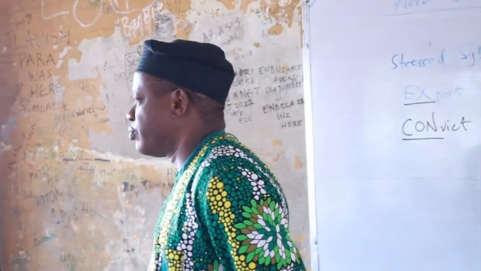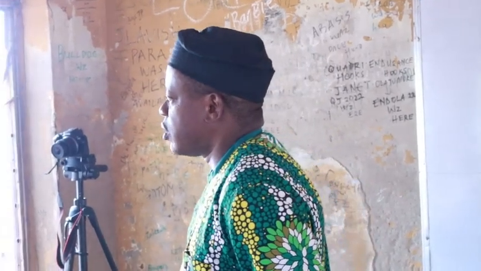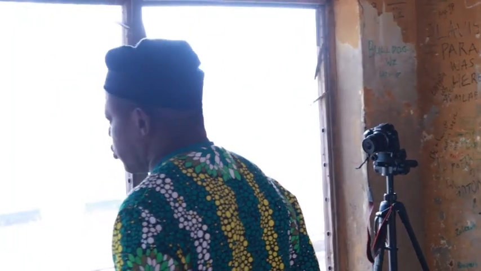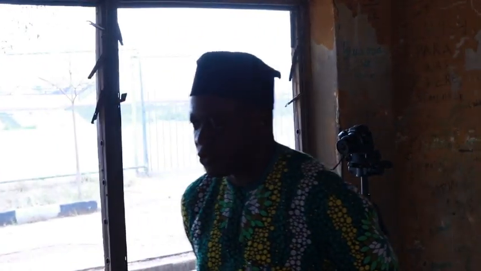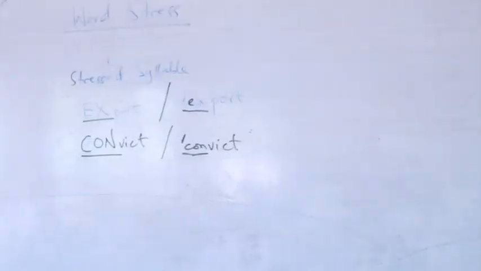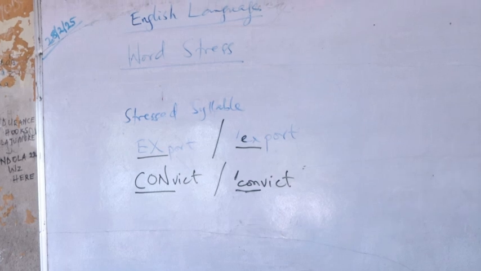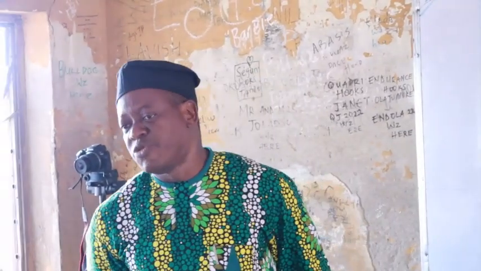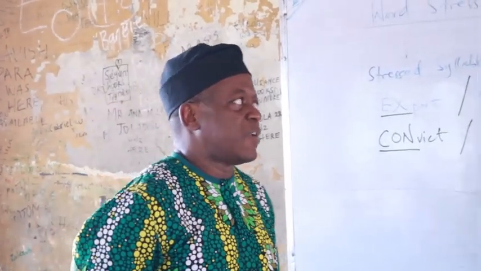And we have polysyllabic words, having 2 or more syllables. This could be 2 syllables, 3 syllables, 5 syllables, etc.